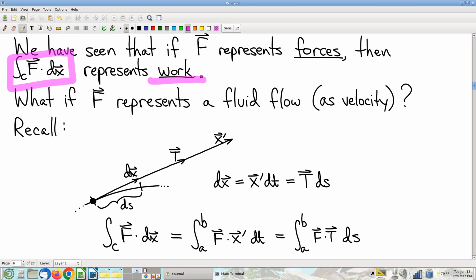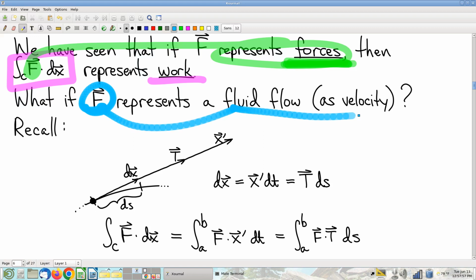A vector line integral represents work when the vector field integrand represents forces. And okay, now let's think about that for a second. Will vector fields always represent forces? Nope. Sometimes vector fields represent fluid flows. So if a vector field represents a fluid flow, the line integral will no longer represent work. There's no forces involved.